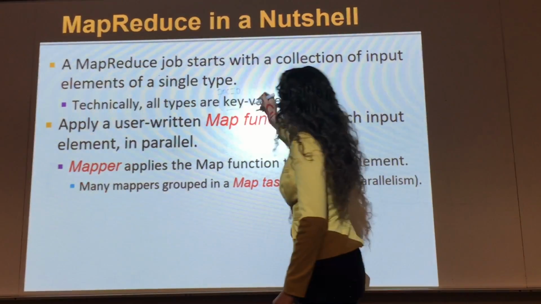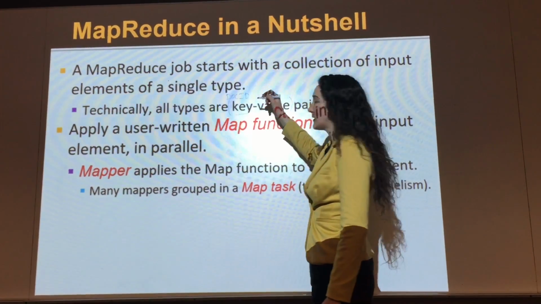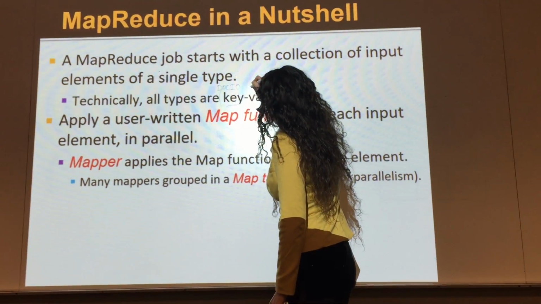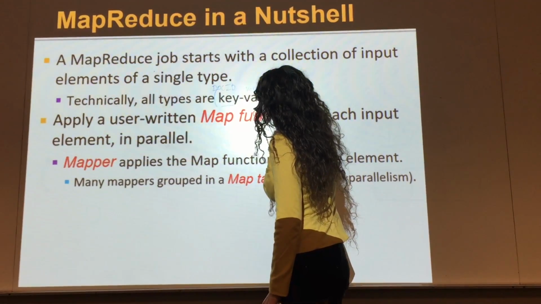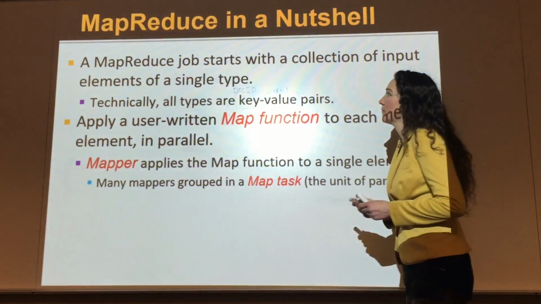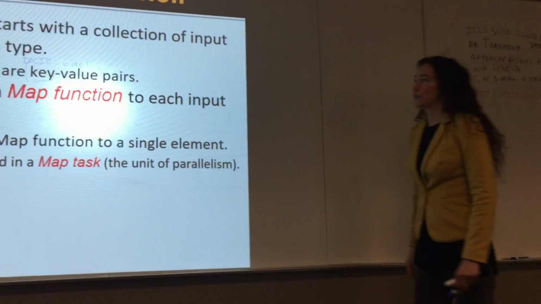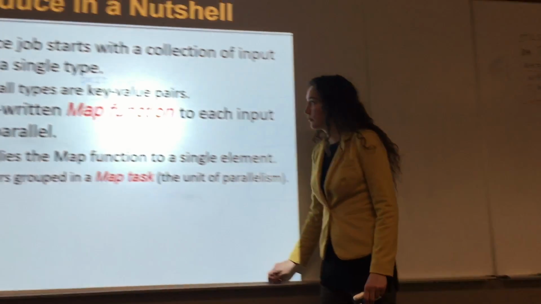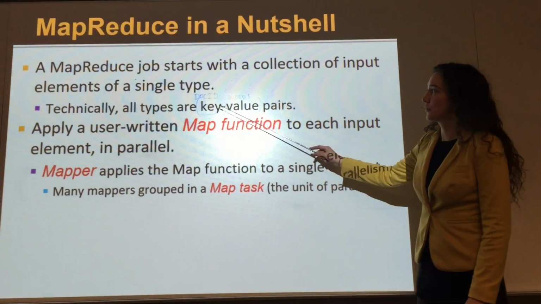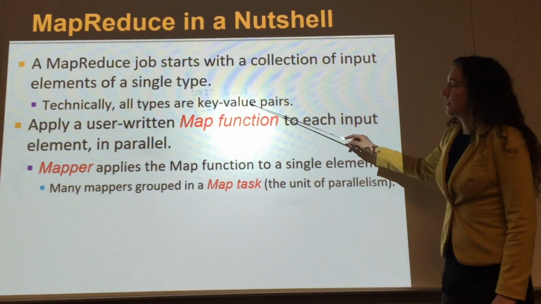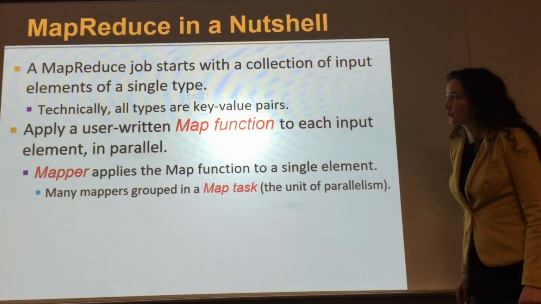So the key is the ID of the document, and the value is a specific word. So this will be given as an input to the function, and it will go and load all these documents and start counting the words in there.